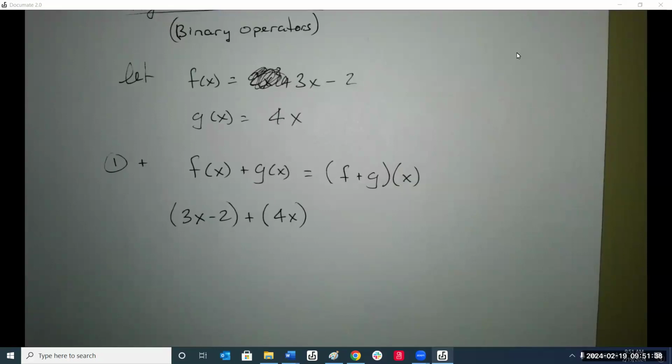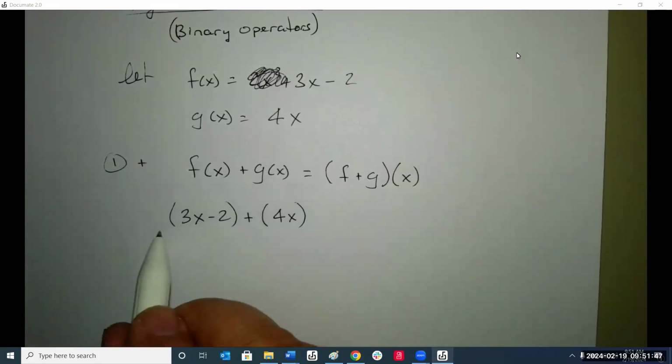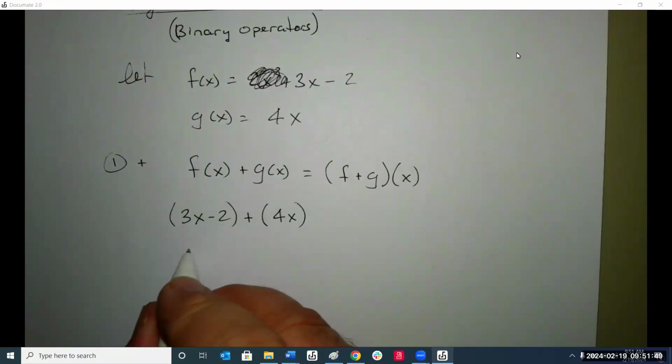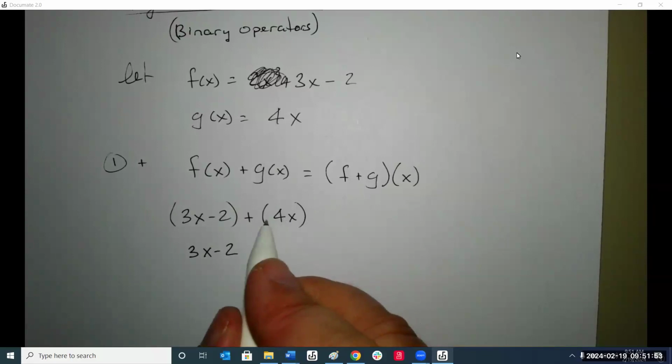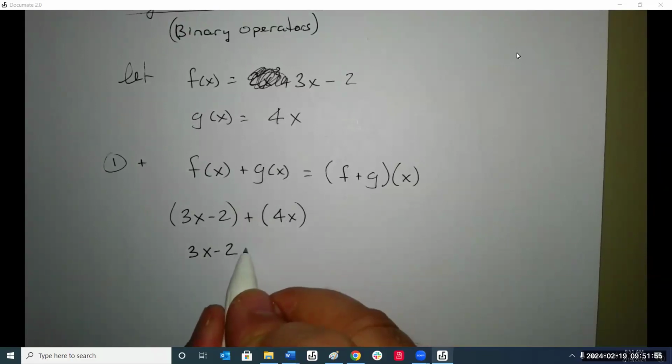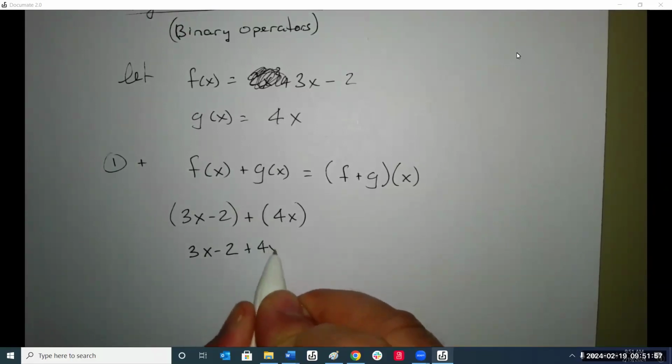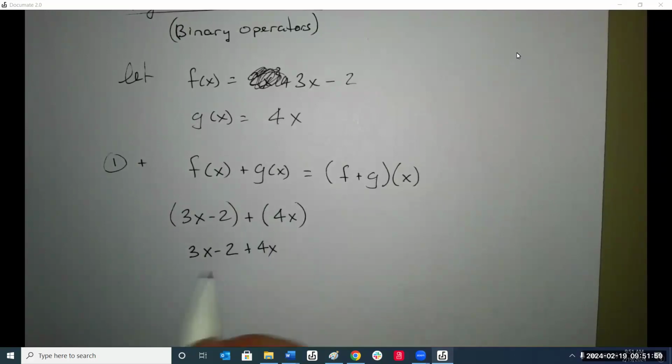It's safe to put them in parentheses because if there's a coefficient or a sign in front, it'll change the whole thing. So do I need the parentheses? No, nothing's in front of it. Do I need parentheses in this one? No, there's no number. It's just a plus, so it's plus 4x. Now combine like terms. 3x plus 4x is 7x minus 2.